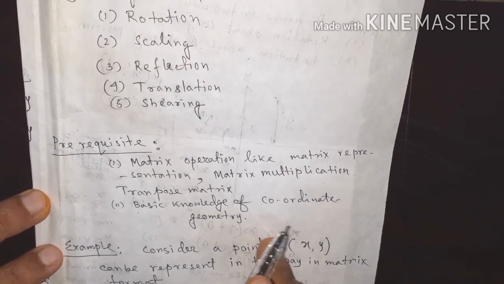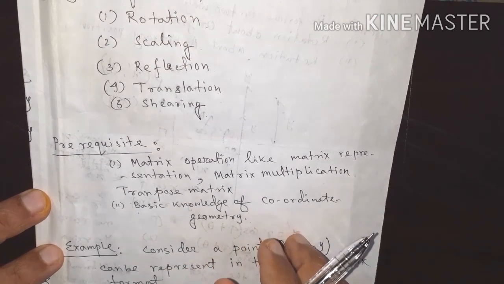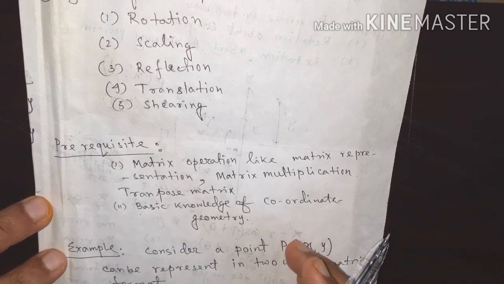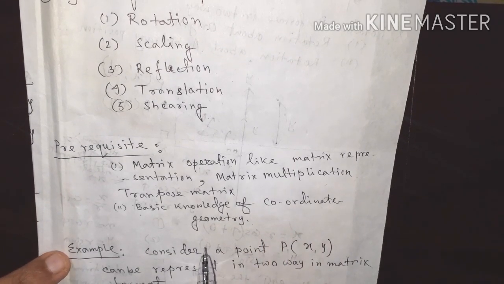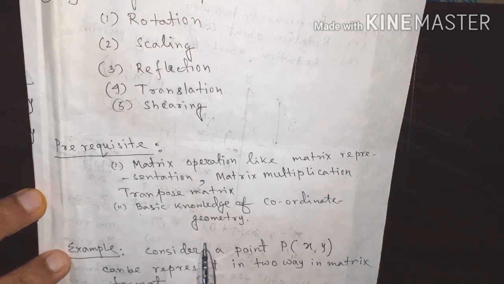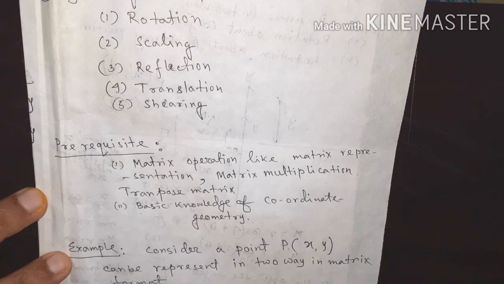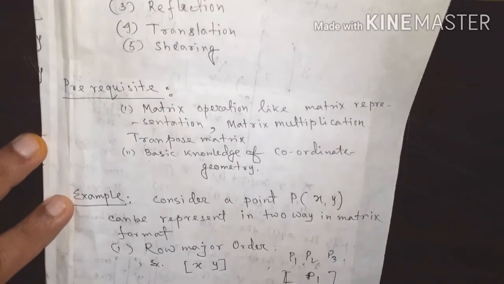Now, while representing a linear equation in matrix format, there are two ways to represent it. The first one is row major order, and the second one is column major order.